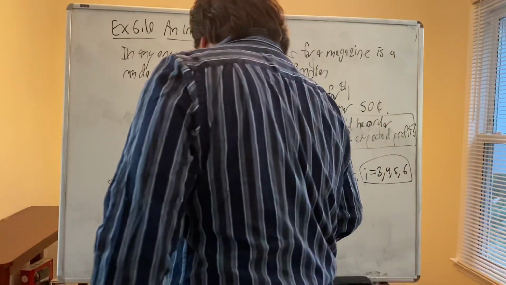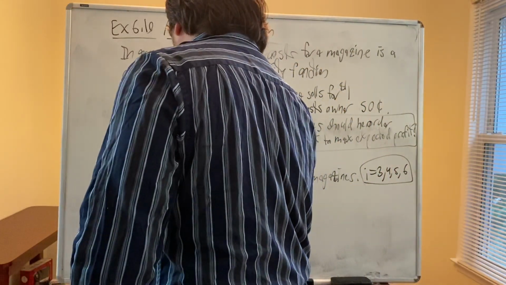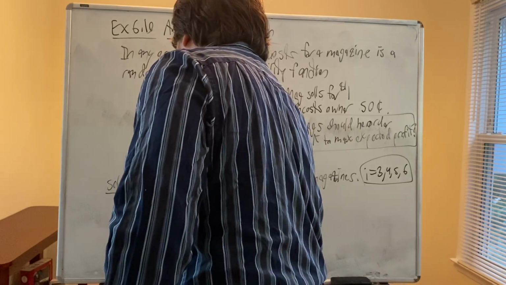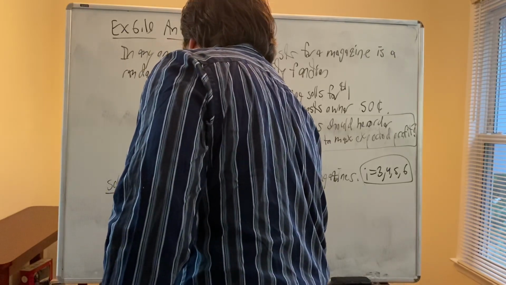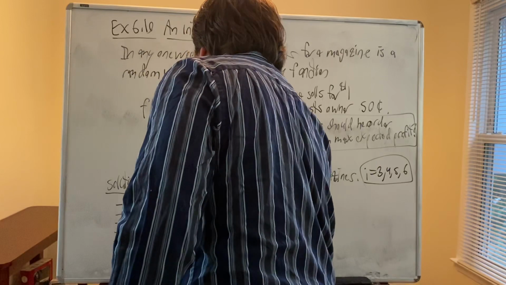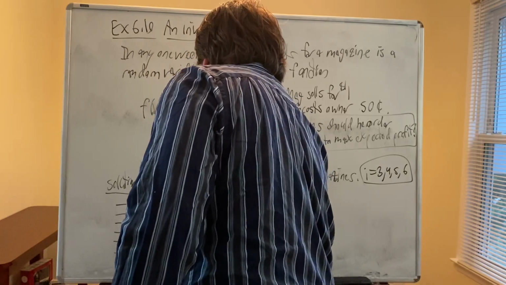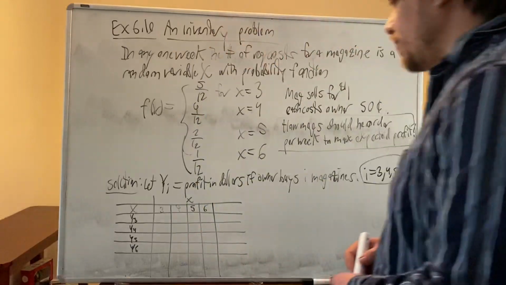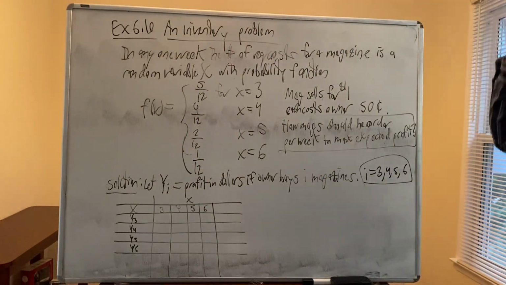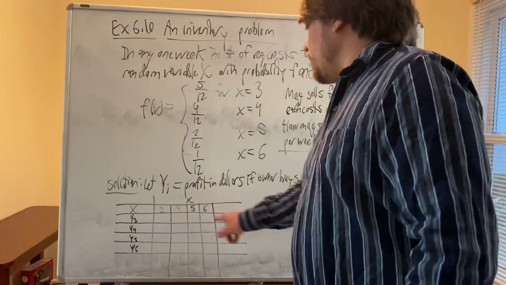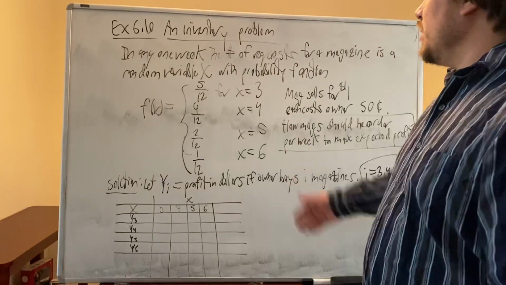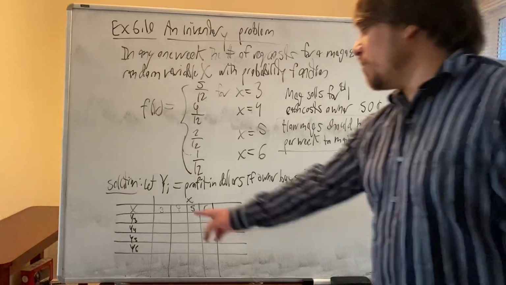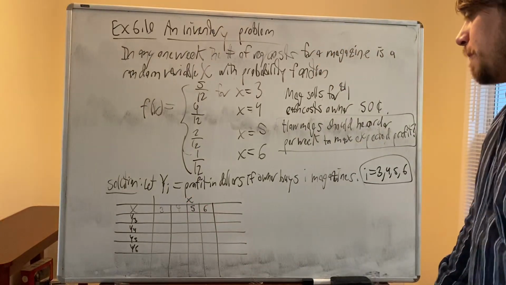And then we're going to look at values of x being 3, 4, 5, or 6. The values of x, 3, 4, 5, or 6, are the number of requests for the magazine. Either there's 3, 4, 5, or 6 requests for the magazine.